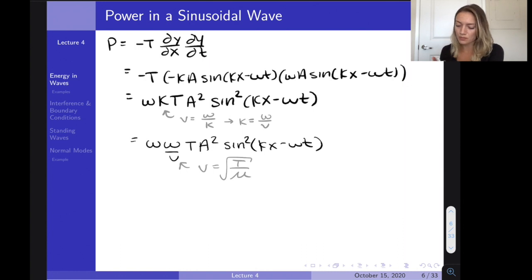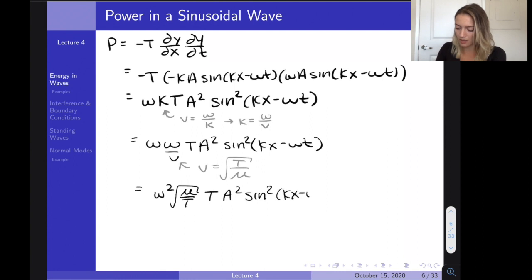So now we have omega squared, and then we have the square root of mu over tension, since it was on the bottom, so that fraction gets flipped. And then we have tension times amplitude squared times sine squared(kx minus omega t).